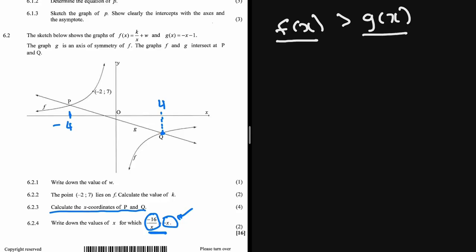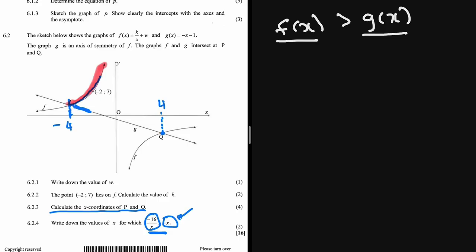But where is that? Looking at this point here, remember this is the value of x here. The graph of f is on top of the straight line here.